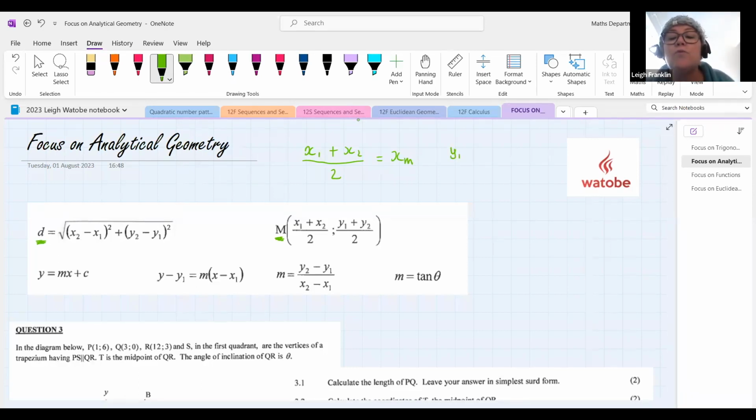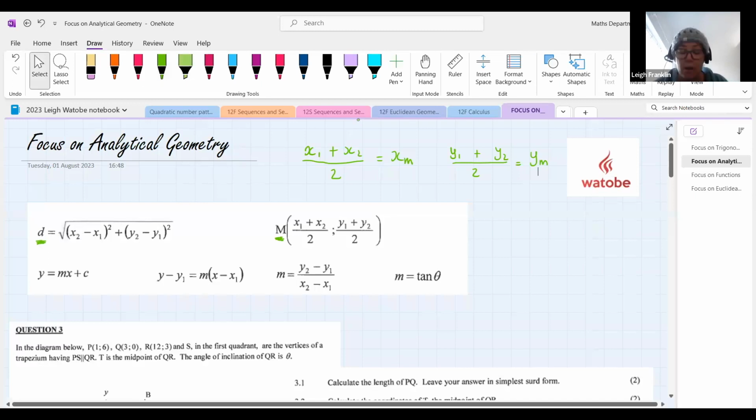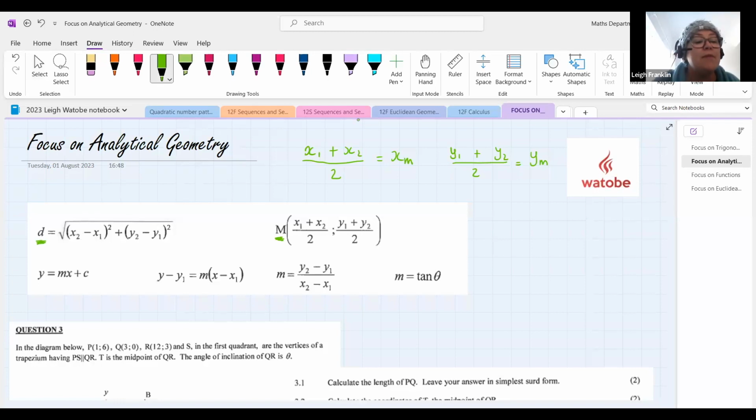The y coordinate at the one end plus the y coordinate at the other end divided by 2 gives us the y coordinate at the midpoint. So don't forget about setting it out like that as well, in case they give you the midpoint and they want you to calculate either an x or y coordinate at the end that's missing.